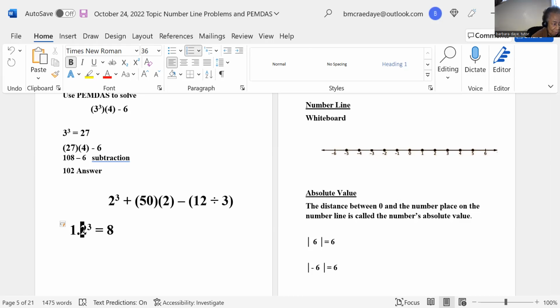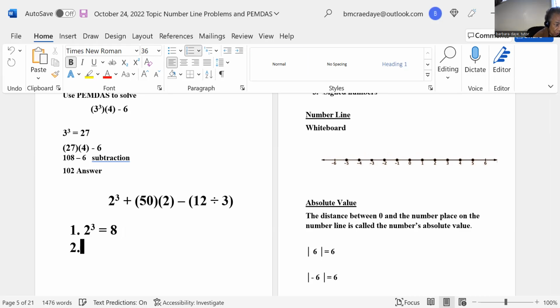No. Parenthesis. Okay. Actually, the first one you should have done was the parenthesis. And then the exponent. So number one, you're going to do parenthesis first.